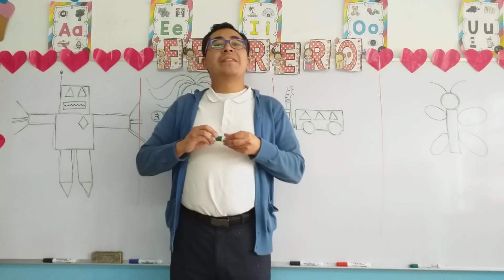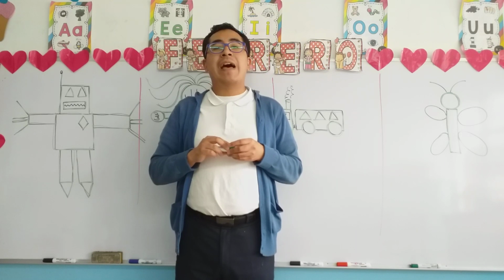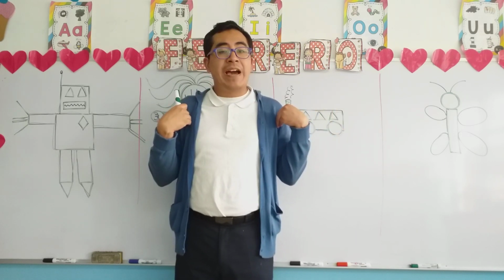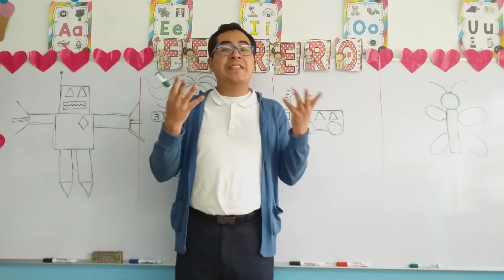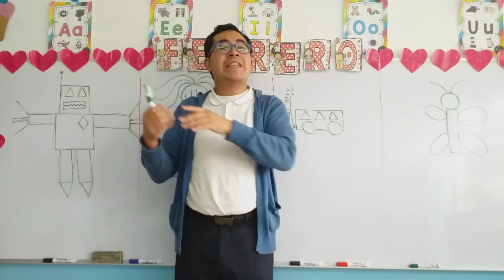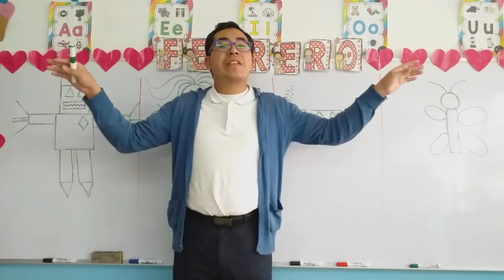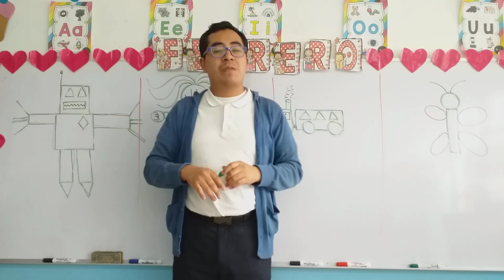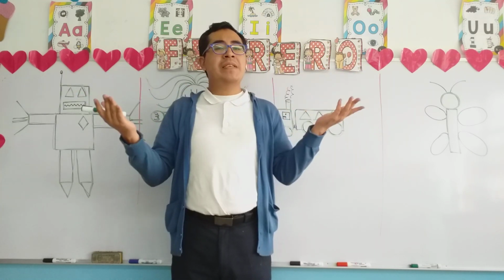Now the wings of the fly, now wing is part of the body of the fly, and the fly needs it, or all the birds, as a matter of fact, all the birds need wings so they can fly. So the wings of the fly have a particular form. What form is it?